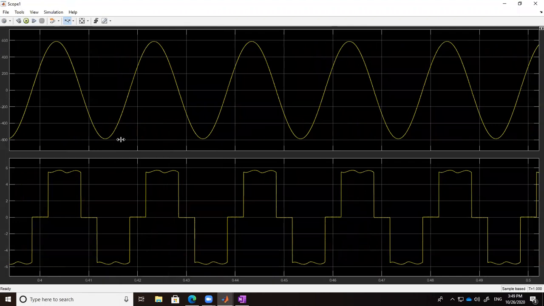What do you see here? The first one, the upper trace, is for source voltage, but the lower trace is for source current. Is this fine?